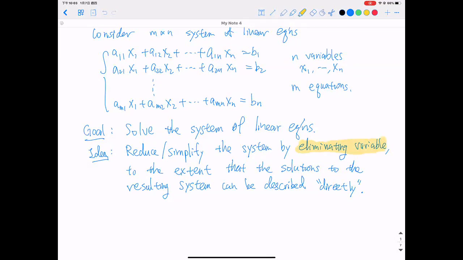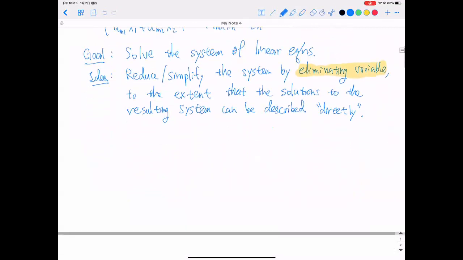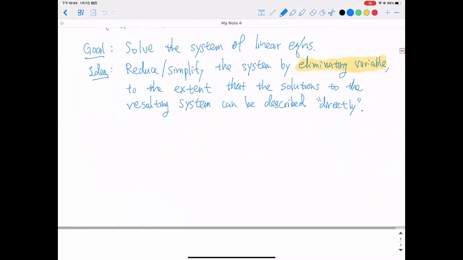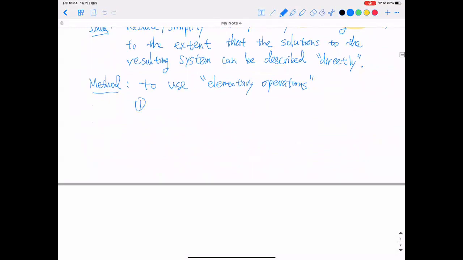And what we're going to do to achieve this is to use some basic or elementary operations. There are three such operations.